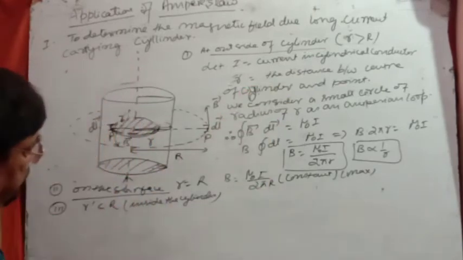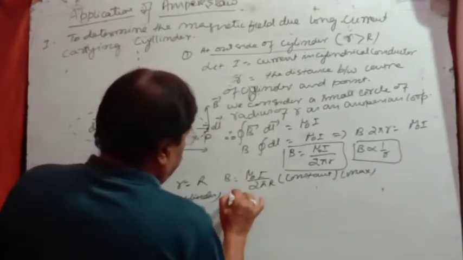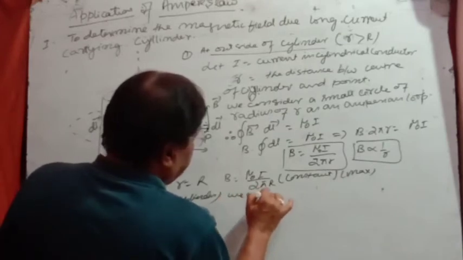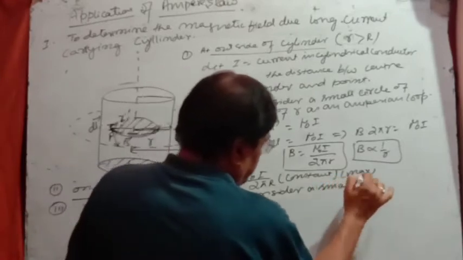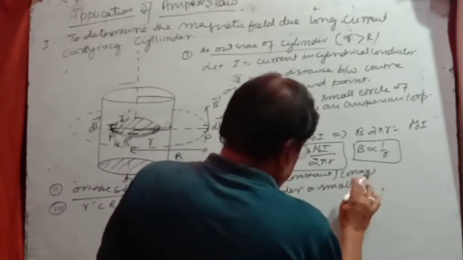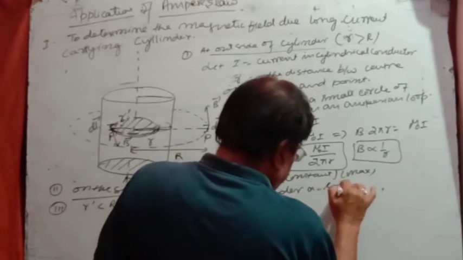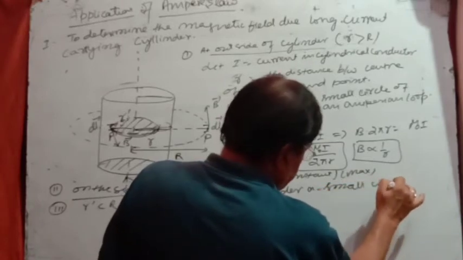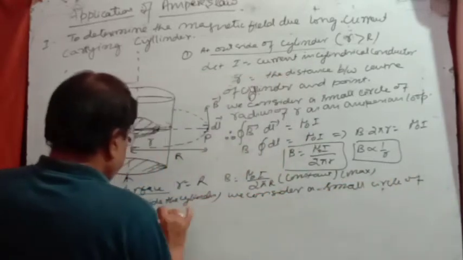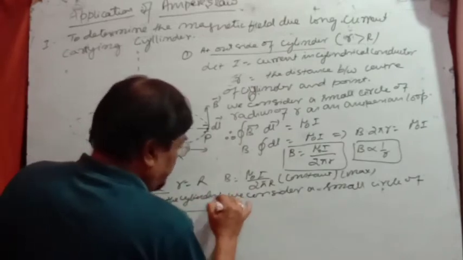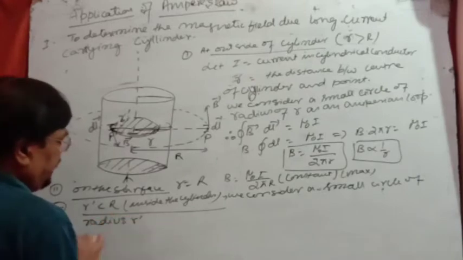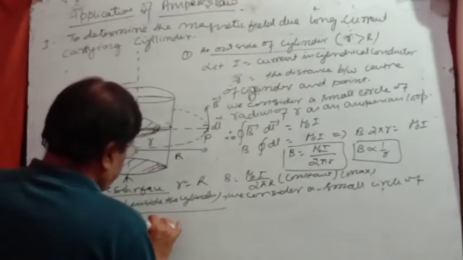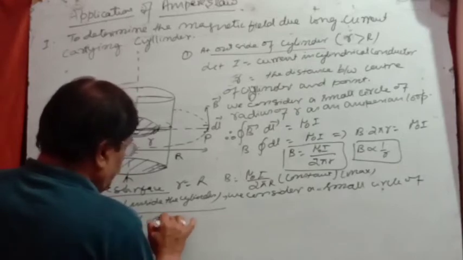Inside the cylinder we consider a small circle of radius r dash as the Amperian loop.